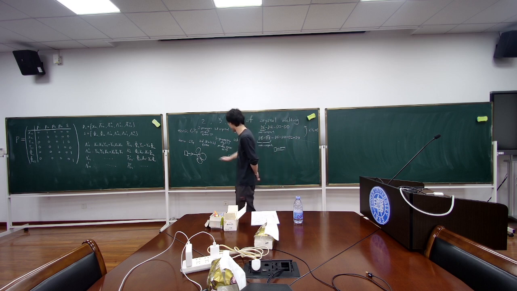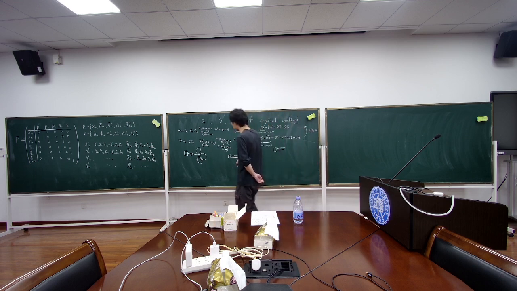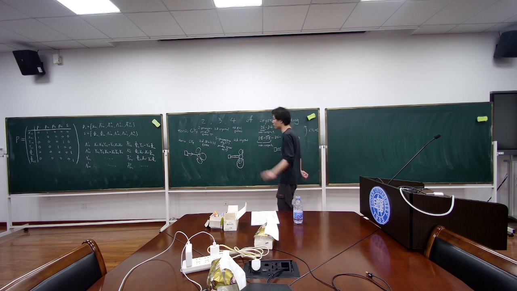So this is the C3 and this is the C4 quiver, which can be directly obtained from this using dimensional reduction, and we just decompose the 2 into the (0,2) language.